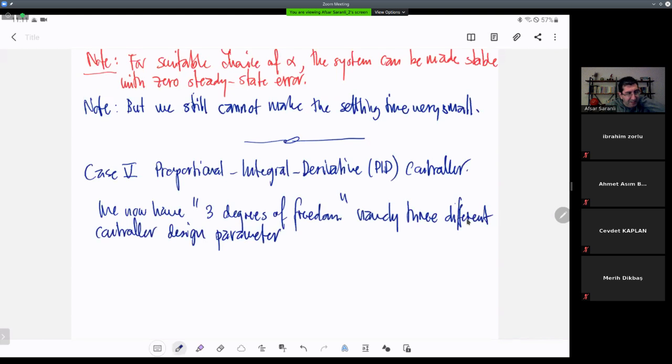Having 3 parameters means that a very rich set of behaviors is achievable.